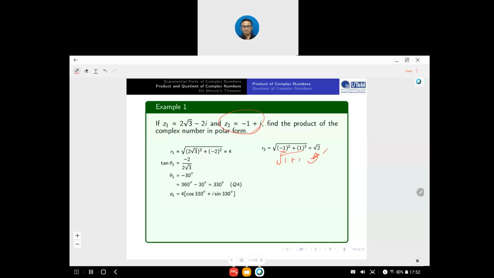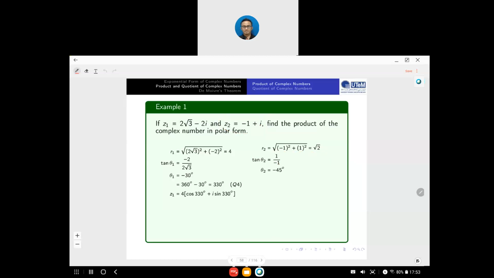And then tangent theta equal to 1 over negative 1. So automatically you should know which quadrant this theta 2 belongs to. This one belongs to quadrant 2. So you can get theta 2 equal to negative 45 degrees.